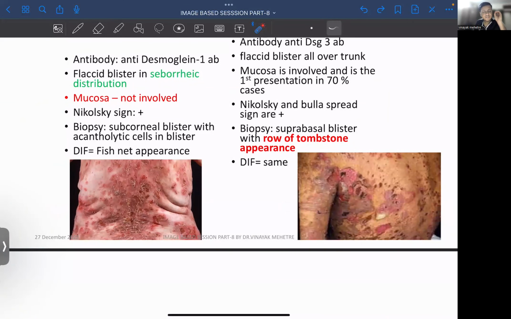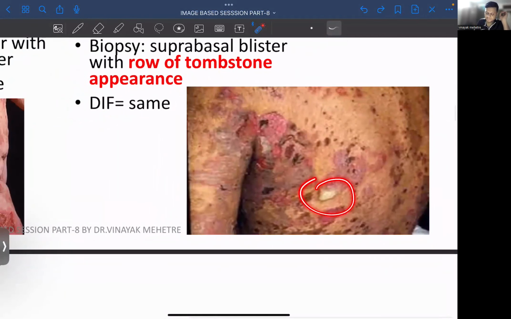As soon as you get the image of vulgaris, remember they will give you some pus filled lesion. And one hint, as soon as we press this pus, it will spread.